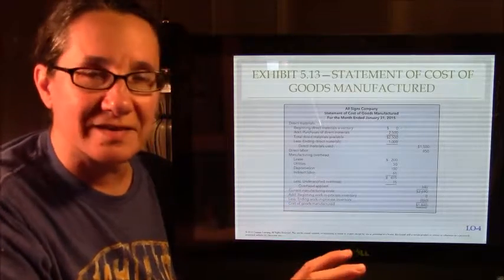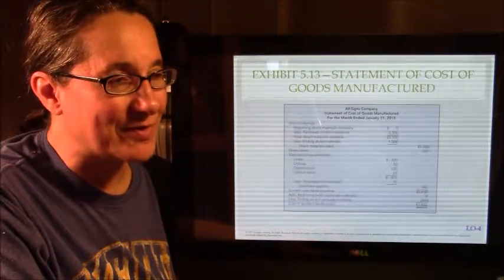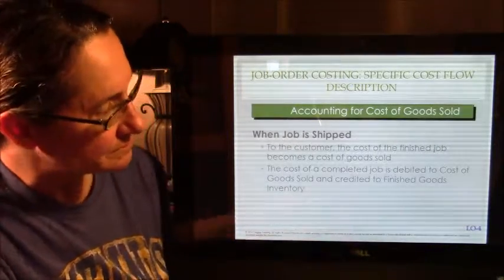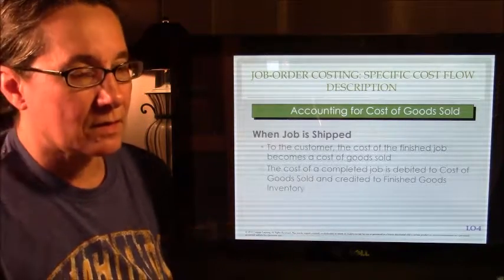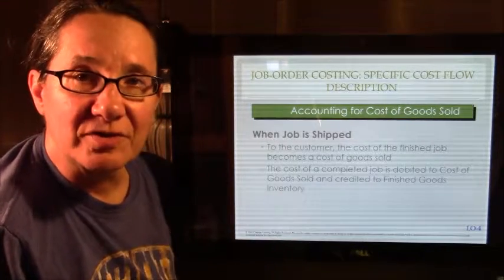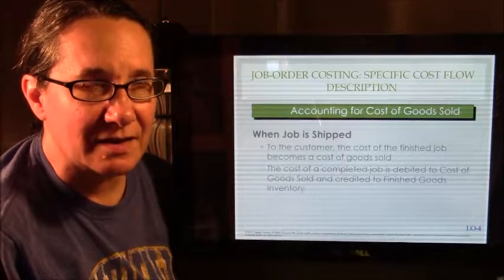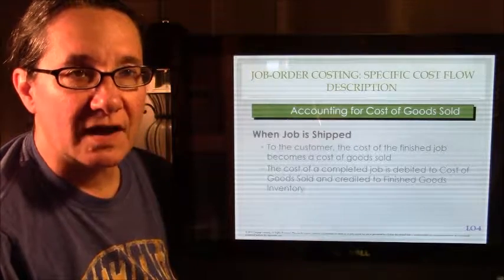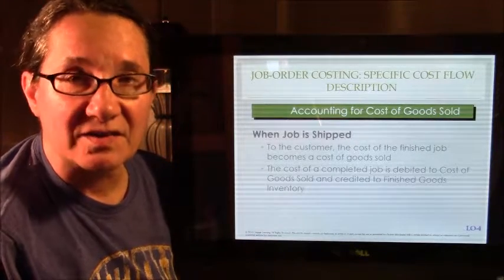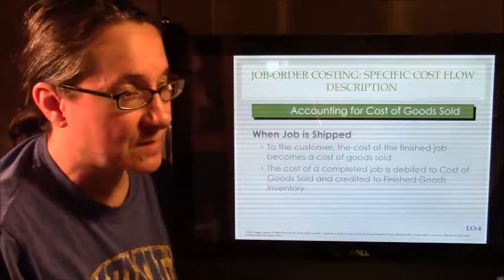And we'll do one of these in one of the problems I work on in the videos for you for chapter 5 problems. I think that's in 5.27. So if you watch that video, I'll prepare one of these.